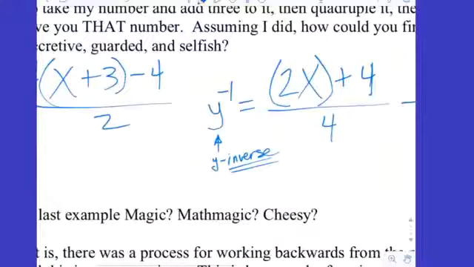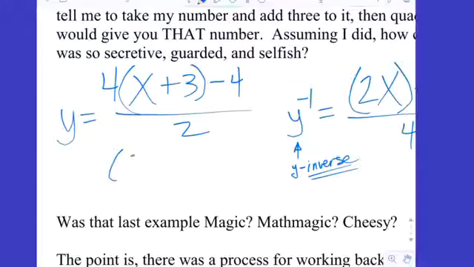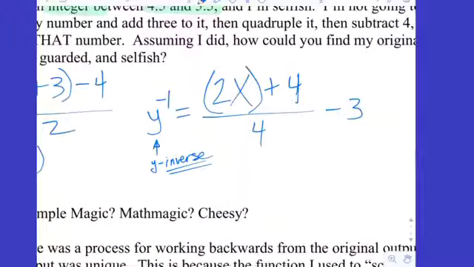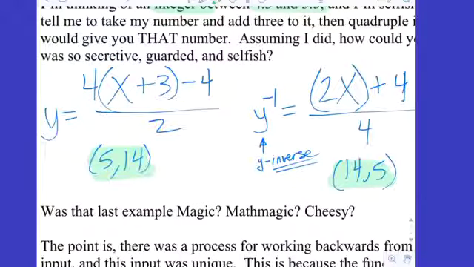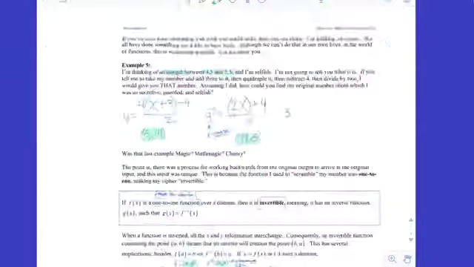So like up here on ours, when I dropped in a 5 over here to y, I got out a 14. When we dropped in a 14, we got out a 5. We would then call those 2 points what? Corresponding. They're not the same points, they're corresponding points. Now you could have a corresponding point being the same, right? The point (1, 1), when you flip it around, is still (1, 1). But these are corresponding points.